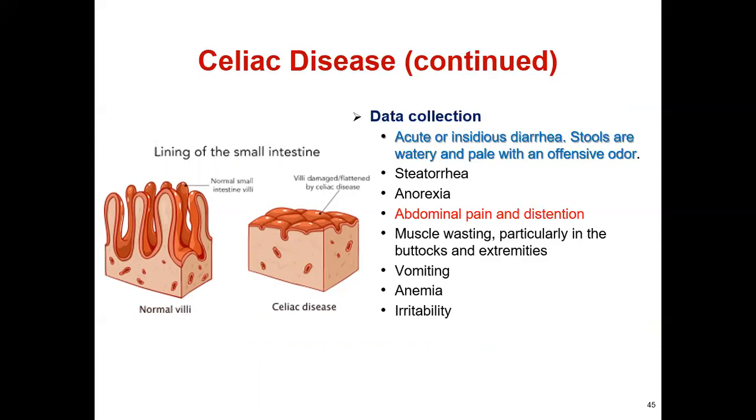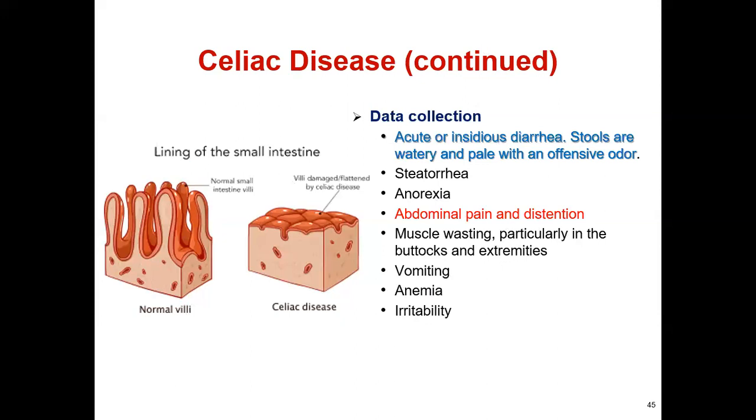Lethargy or anorexia, abdominal pain and distension, muscle wasting, particularly in the buttocks and extremities, vomiting, anemia, and irritability. So abdominal pain and distension is most characteristic.